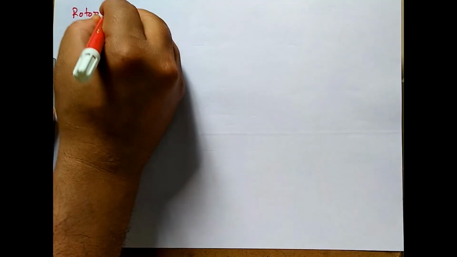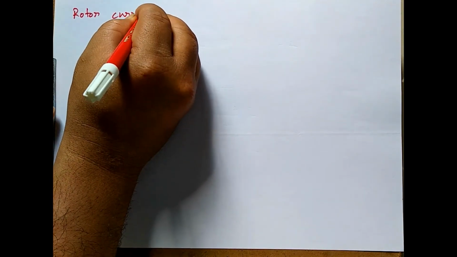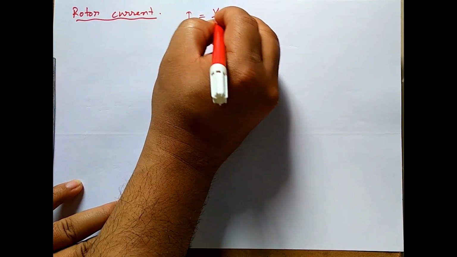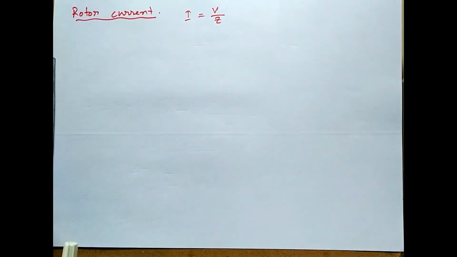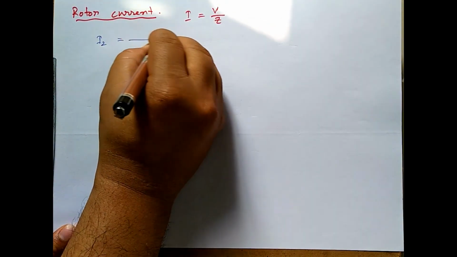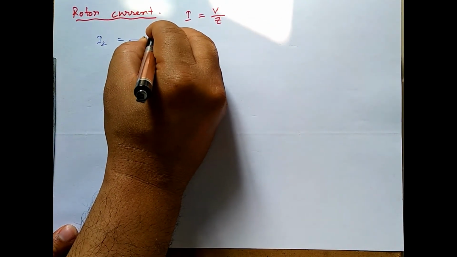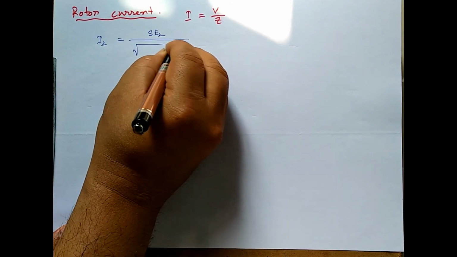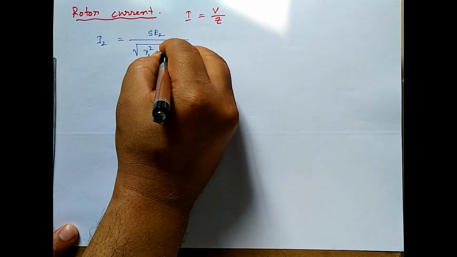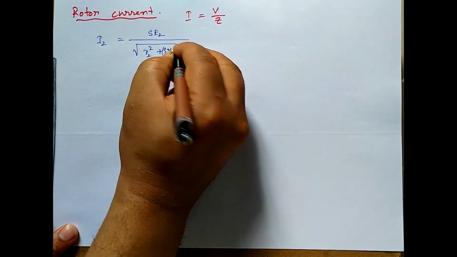Next is rotor current. We know the basic relation: current equals voltage divided by impedance. So the rotor current I2 equals the voltage, which here is sE2, divided by root over R2 square plus sX2 whole square.